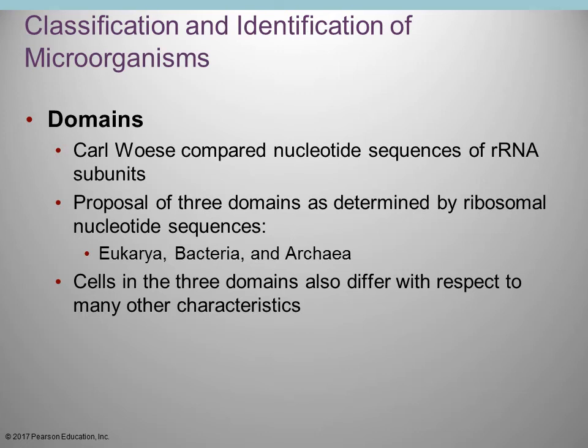Recently I was reading something where some individuals are proposing, if viruses should be classified as living organisms, where do we put them in this whole classification scheme? They don't really fit anywhere. So some people have been discussing whether we should add a fourth domain, and that's where the viruses would be placed.